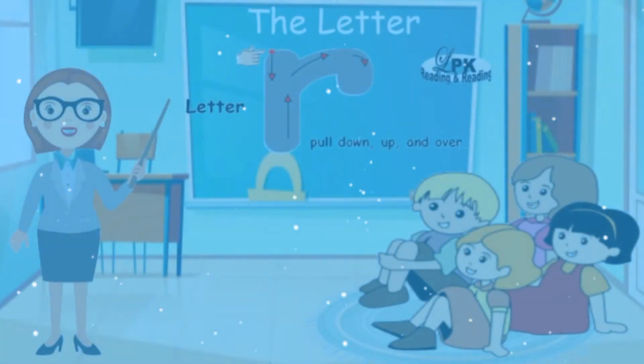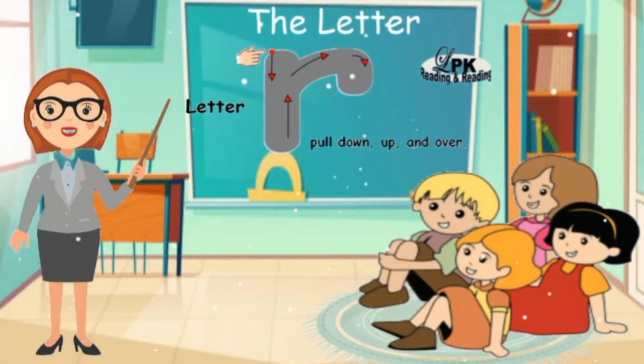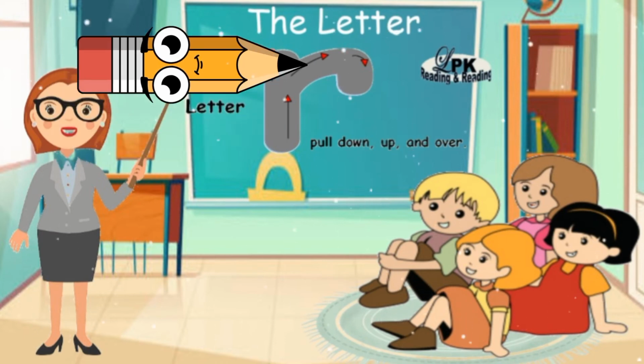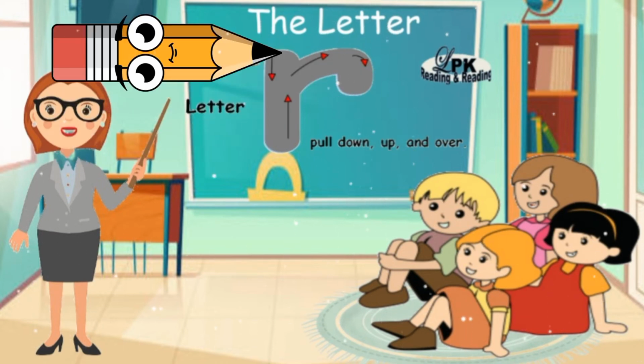Okay, let's go! Now, what's this letter again? R. That's correct. The short sound of R is R. Look at the picture, listen, then write the letter R. You pull down, up, and over.